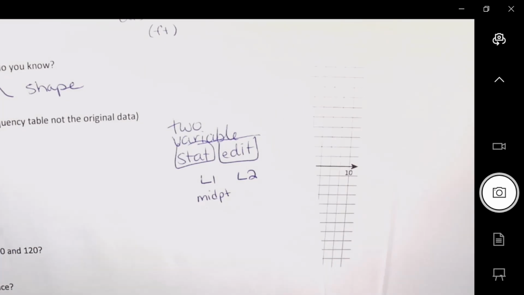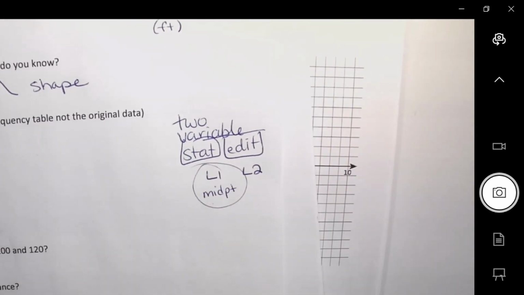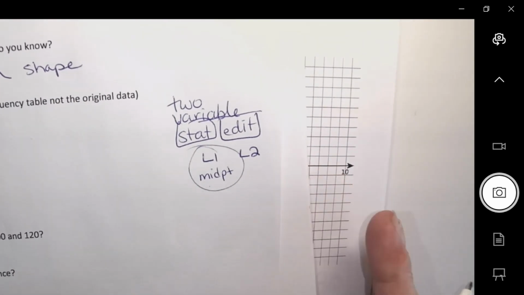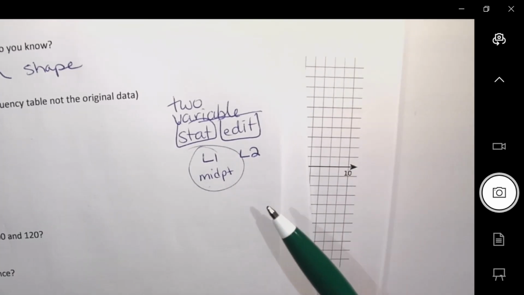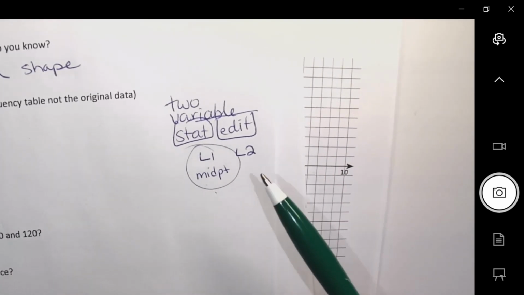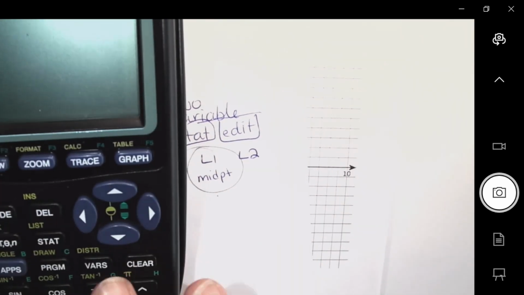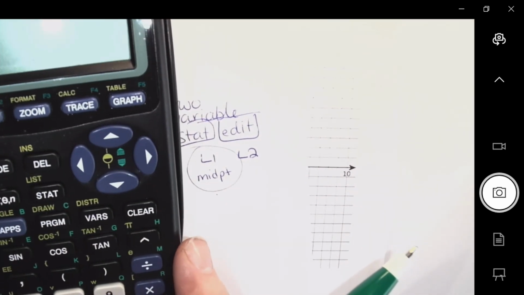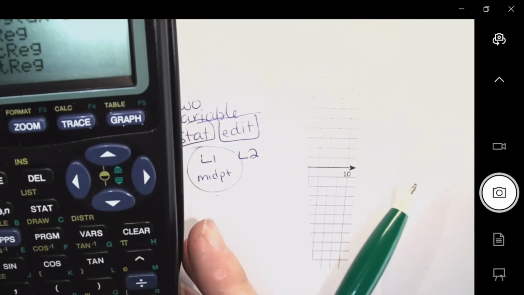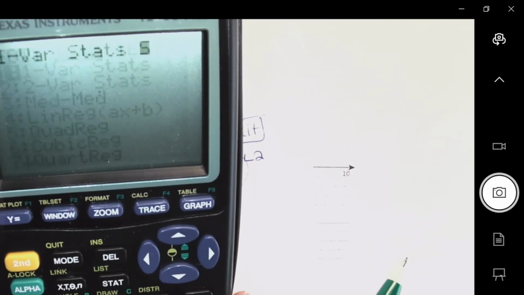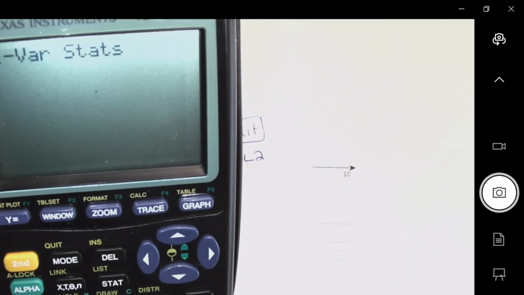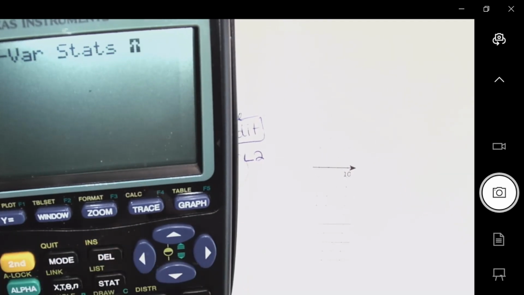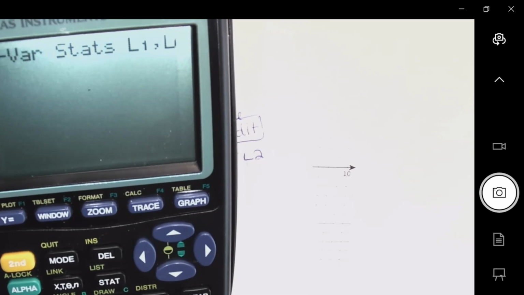Okay, so on your cheat sheet, you probably want something when you're doing a table like this, to make sure you're doing the midpoints. And then this would be different than the original. When I do the stat calculate, 1 variable statistics, what do I have to type right now? L1, comma, L2.